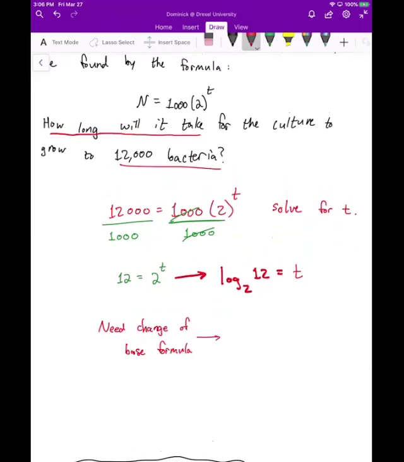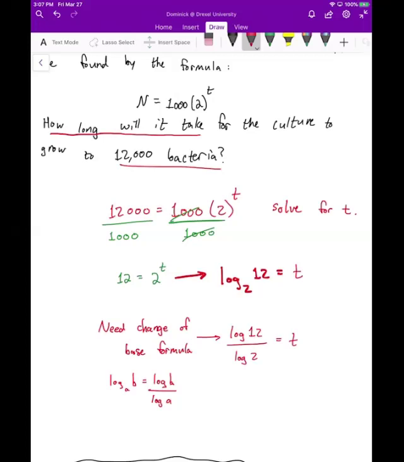So if we apply that, of course, again, just as a reminder, the change of base formula says that we have log base A of B. You can express that as common log of B over common log of A. So that's what we're going to do here. We're going to say this is a common log of 12 over a common log of 2. And that will give me my t. So now if we evaluate this in the calculator, we have a log of 12 over a log of 2.